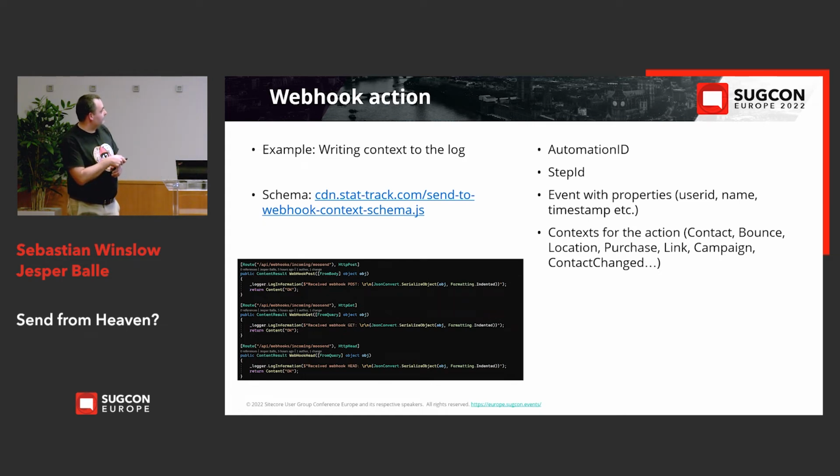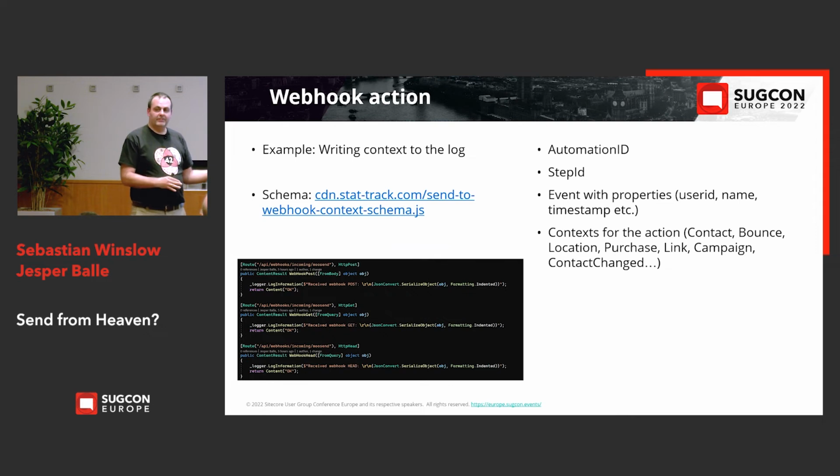But basically what you get with the webhook is the automation ID that you were calling the webhook from, the step that you are currently working with, and then you get the event with name, with the user. If it's related to a specific product, then you get the product context. If it's specific links, you get the link context, contact context, which fields have been changed, all of this, and then you can, of course, react to it in your own solution.